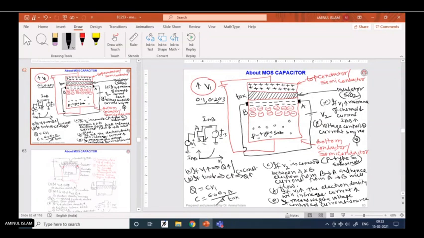The current through AB can be controlled, and you can apply a higher voltage across AB, and that current may be good enough, and hence you can use this kind of device as an amplifier circuit also. Understood? Yes, sir.